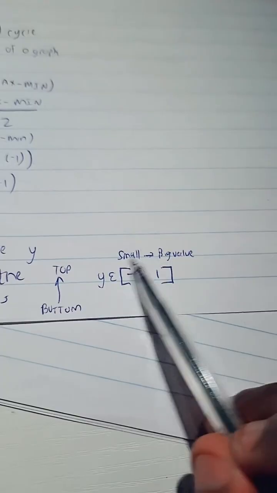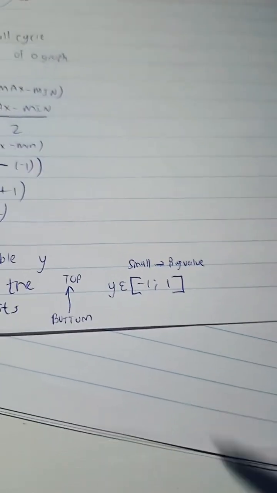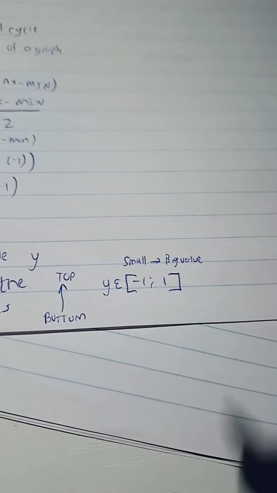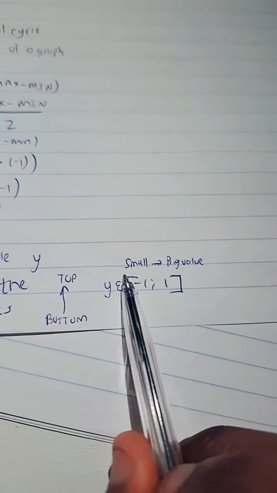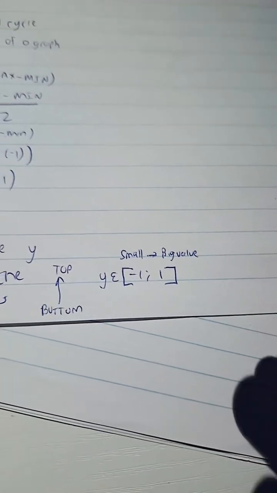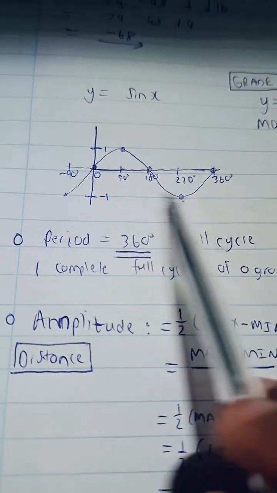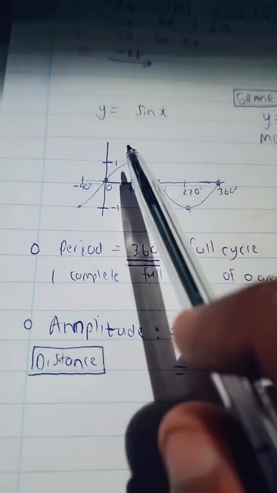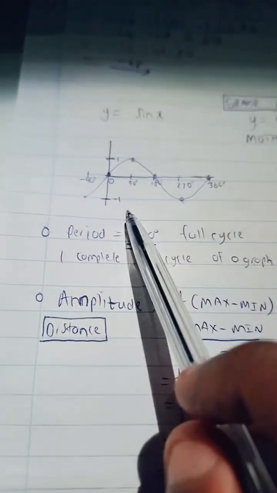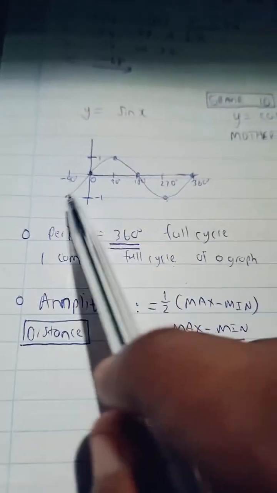We develop from small to big. In the same vein, when you are writing the range, you are writing where the function exists, but you write it the way that it exists. You write its existence from its smallest value, which in this case is negative 1, from the lowest point to the highest point, from low to high.